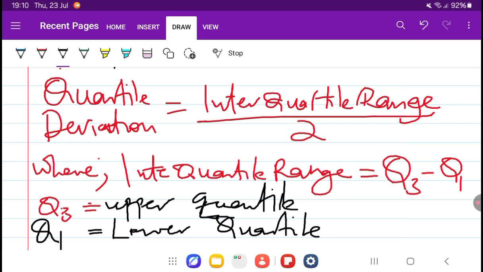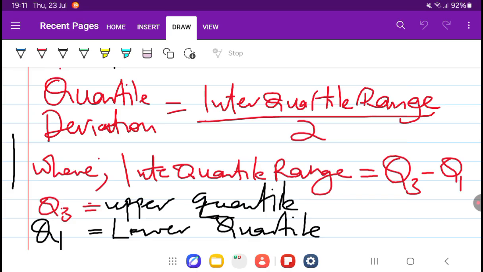Now, we have seen that from the quartile deviation, we get the interquartile range, and then from the interquartile range, we divide that by 2. And of course, all this takes us to the final formula for the quartile deviation to be Q3 minus Q1 divided by 2.